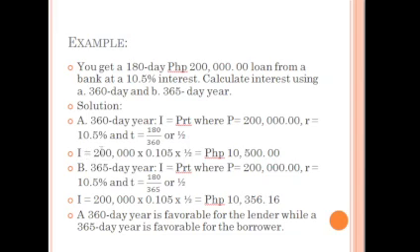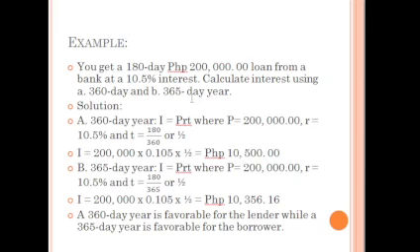So, I is equal to 200,000 times ang 10.5%, if we will move the decimal point 2 places to the left, it becomes 0.105 times 1/2, and that is 10,500.